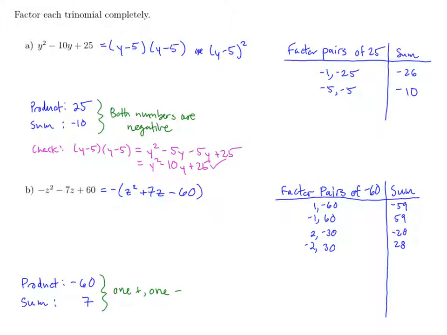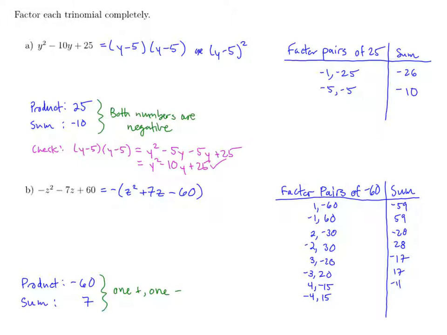Continuing on, 3 is a factor of 60, so I'll have 3 and negative 20, or negative 3 and positive 20. And those sums, respectively, are negative 17 and positive 17. So I'll continue on. 4 is also a factor, so 4 and negative 15, or negative 4 and positive 15. 4 and negative 15 gives me a sum of negative 11.